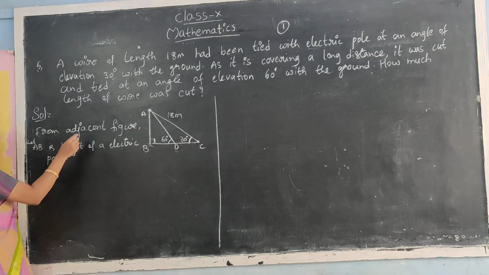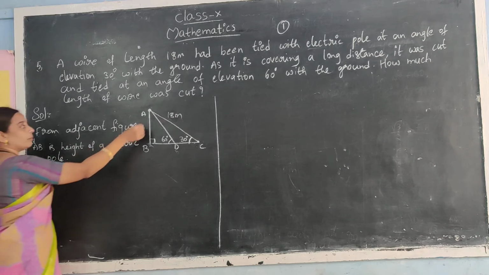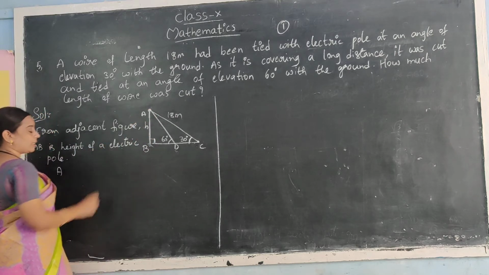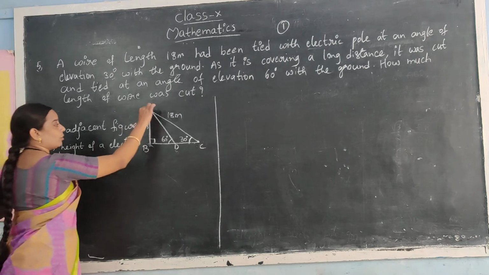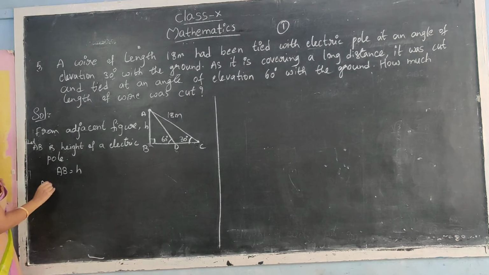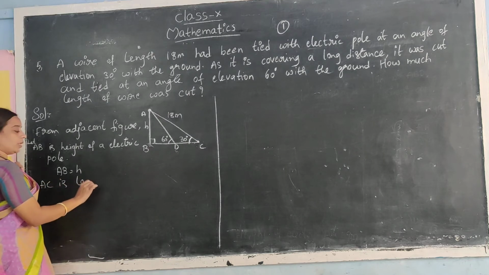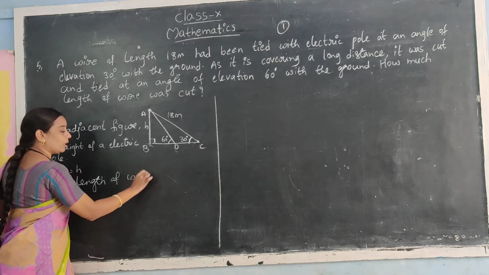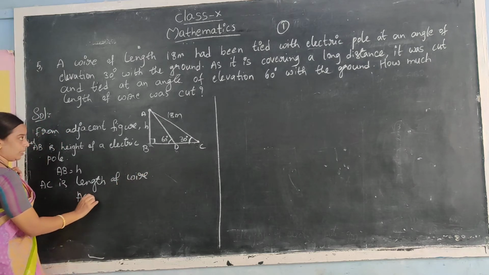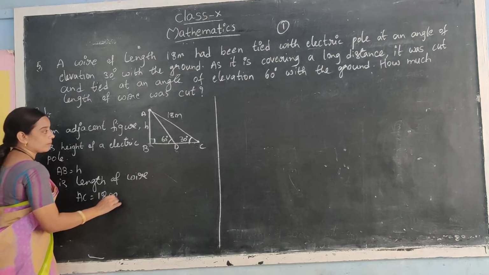The electric pole measurement is not given, so let it be taken as H. AB is equal to H. Now AC is the length of the wire, already given: AC is 18 meters.